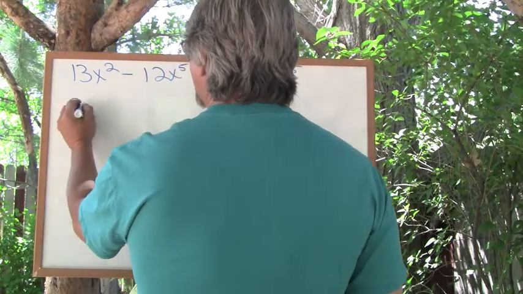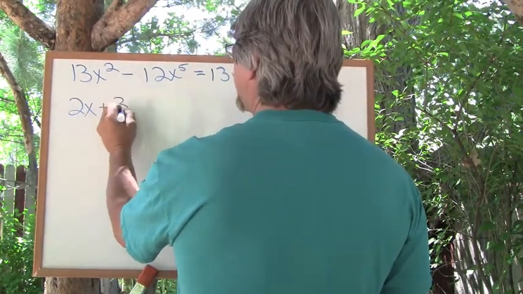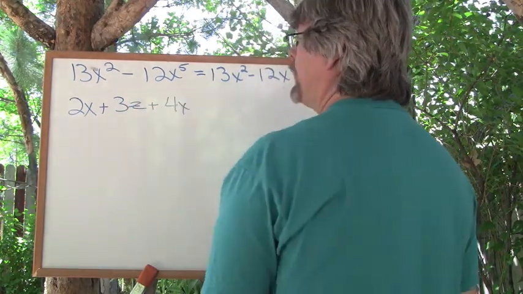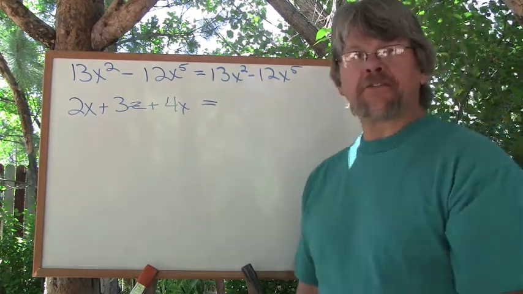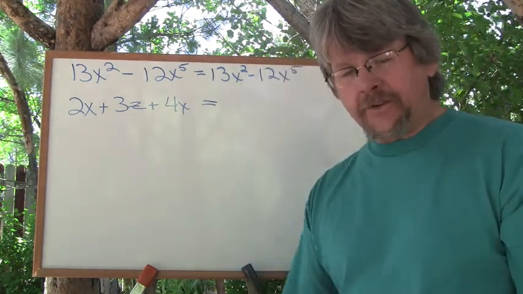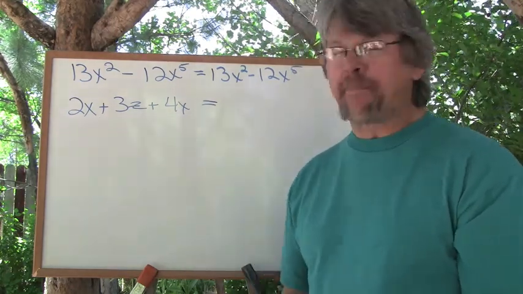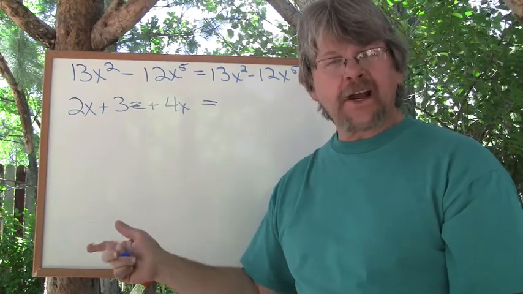Now, if you have, let's say, 2x plus 3z and 4x, what does that equal? In this instance, and there's going to be times in equations where we really do get a whole conglomeration of mixed up numbers with variables, different kinds of variables.